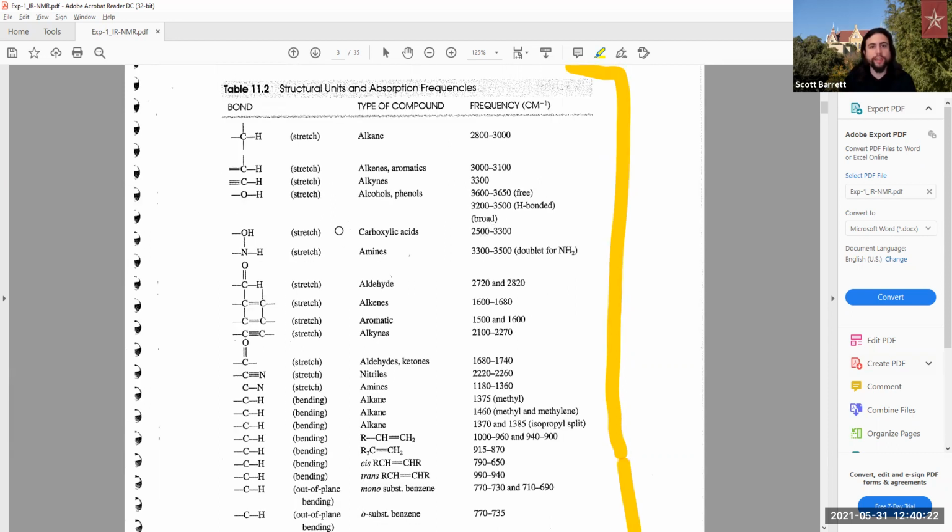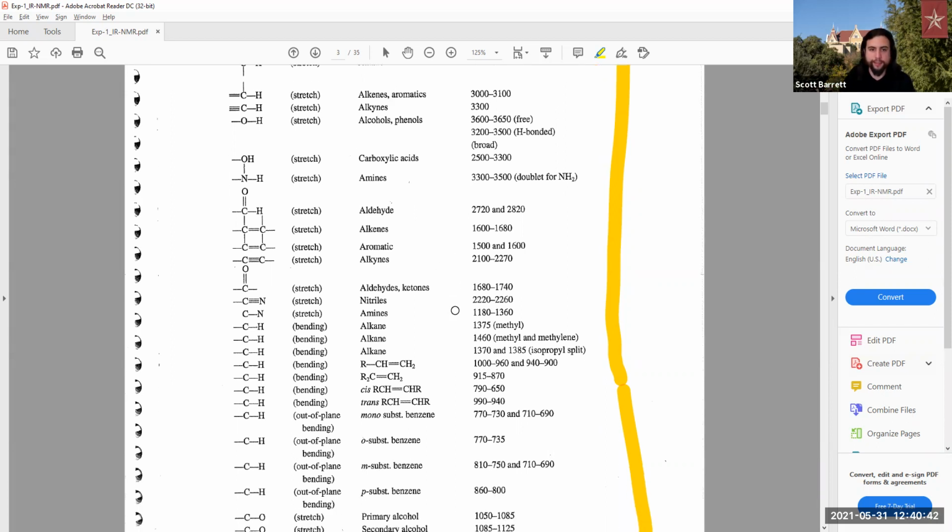And so you would want to look at more important things like carboxylic acids, the location here, amines, aldehydes. Those are more unique functional groups that are only on specific compounds. So if you're comparing an aldehyde to a carboxylic acid, you would note that there would be a very significantly different IR spectra to be looked at in this instance.